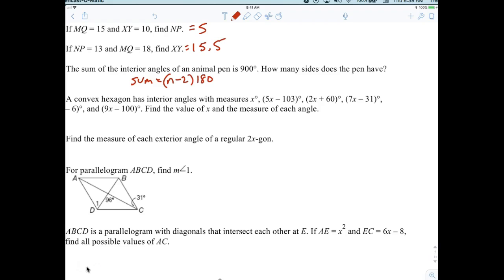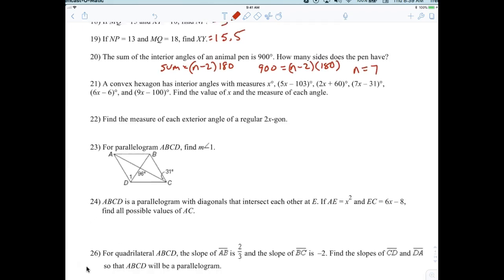Does everybody agree with that? Any questions? So if I have 900 equals n minus 2 times 180, then we can all solve that. What does that come out to be? 7. Any questions or concerns? 900 divided by 180 is 5. 5 plus 2 is 7.